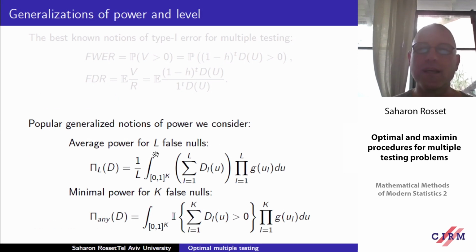The first one is the average power for L false nulls. So it's the expected number of true rejections when L of the nulls, L smaller or equal than K, are false. And what we call minimal power for all nulls being false, which is the probability that if all nulls are false, I make any discovery.